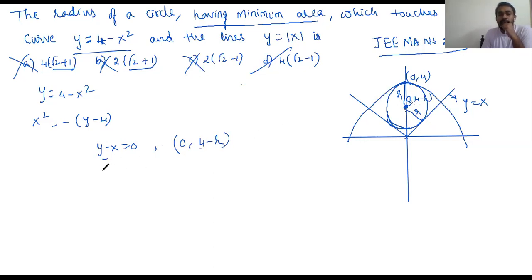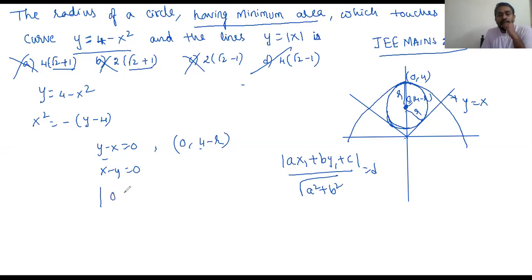So the distance formula we know. If I write this as x minus y equal to 0, the distance between a line and a point is mod of ax1 plus by1 plus c over root of a squared plus b squared. So the point is 0, so a is 0.